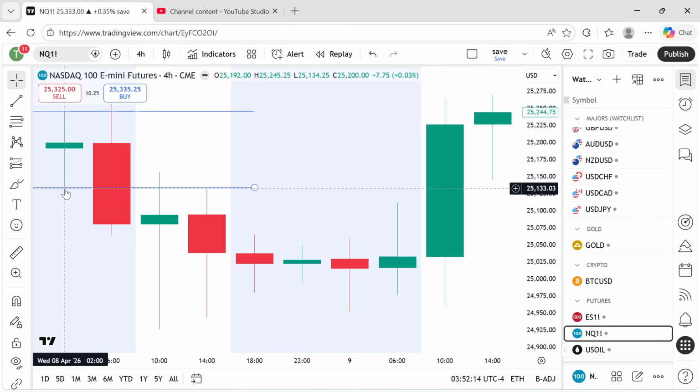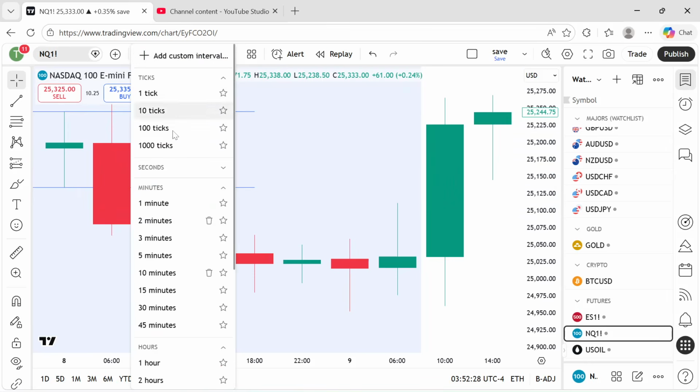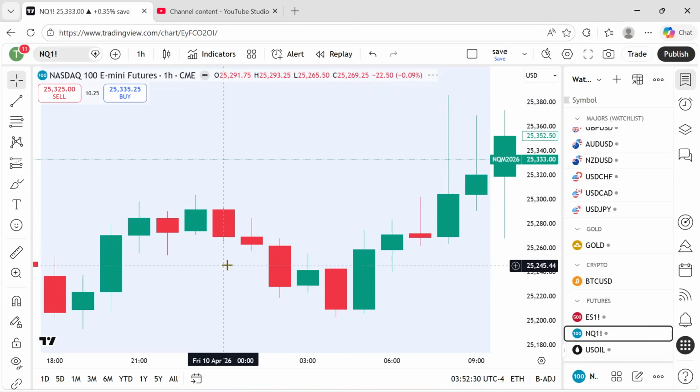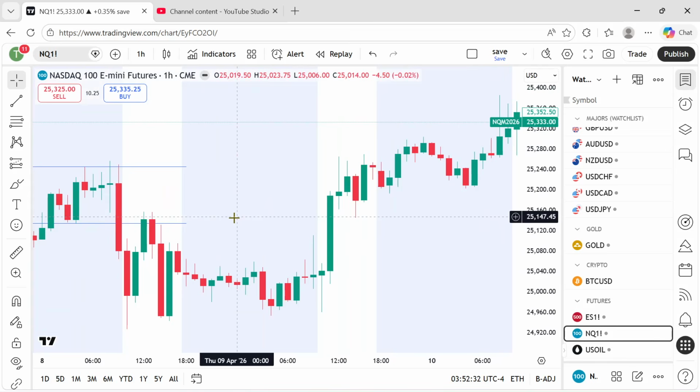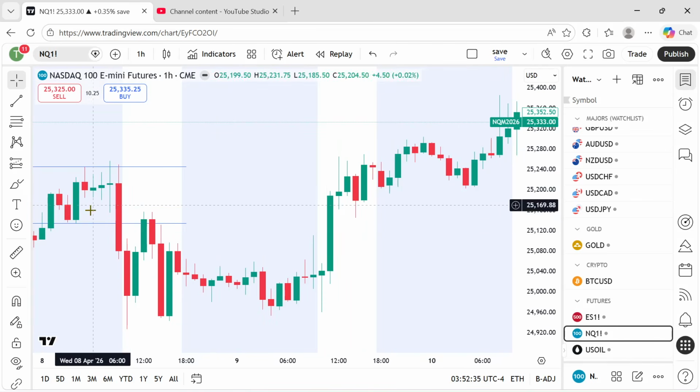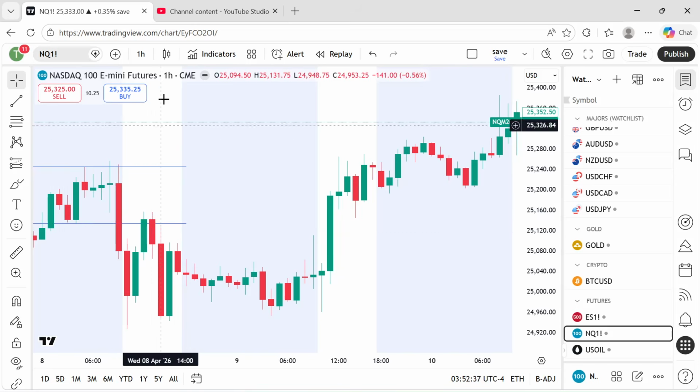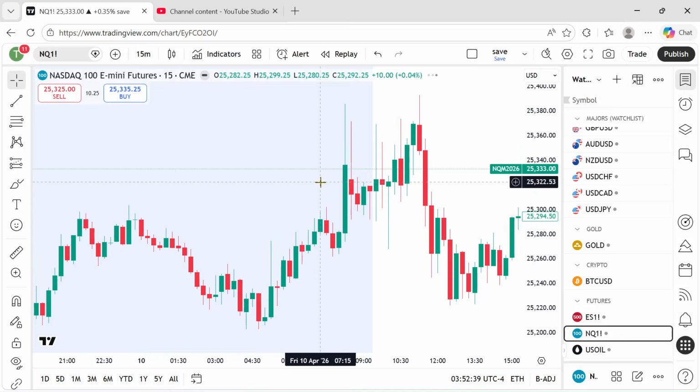You could frame a short off that, because remember it didn't respect it as a level of support. If it had respected it, it wouldn't have crushed it and snapped it in half like that. So once it returns to that level of resistance, you can look for a short off it.